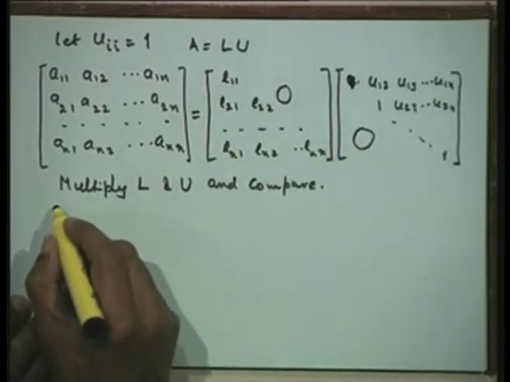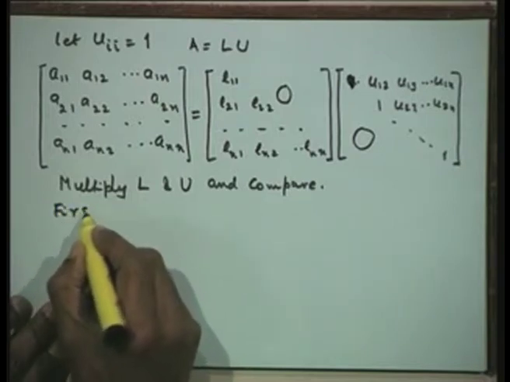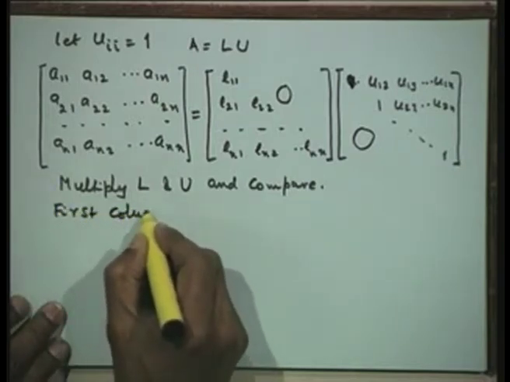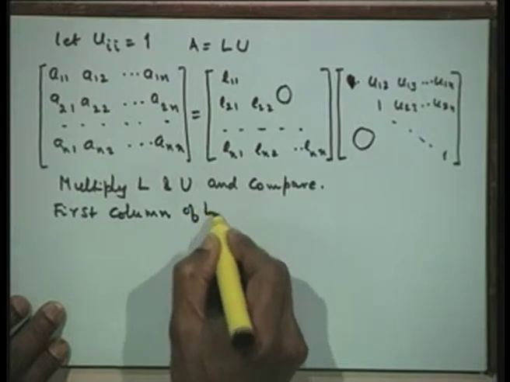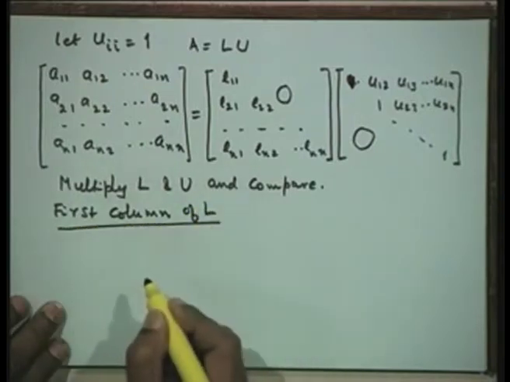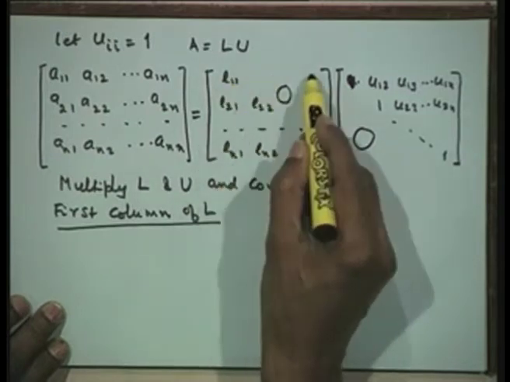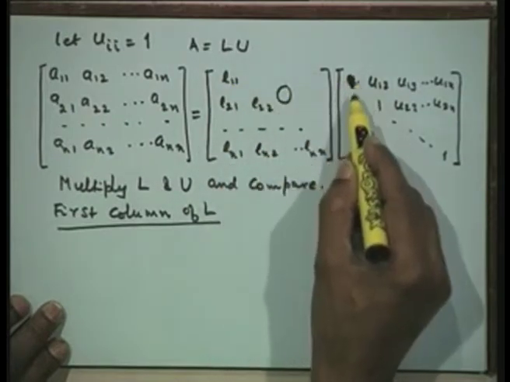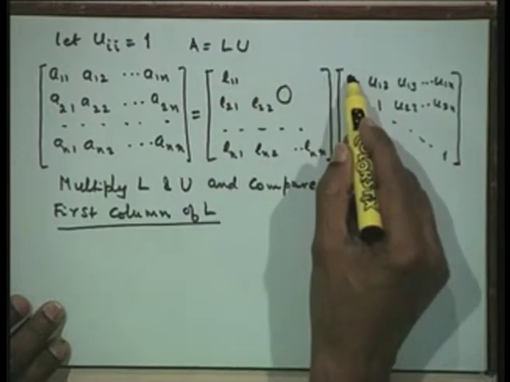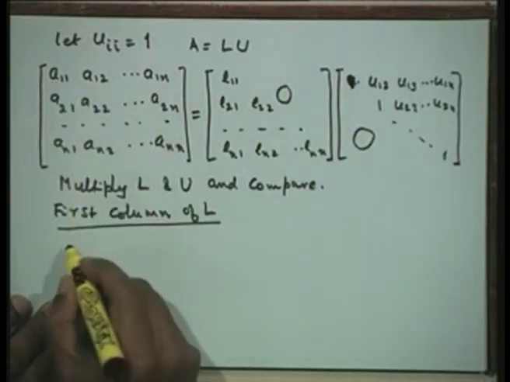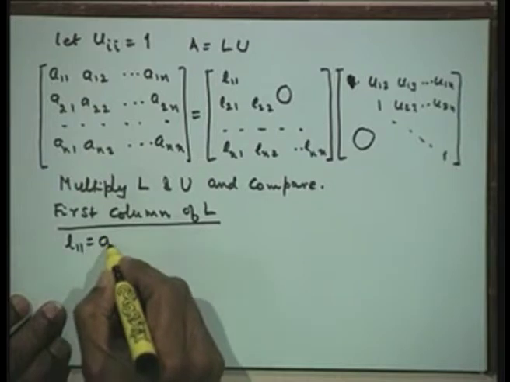We will see that we can first find all the elements in the first column of L. Now, we multiply the first row of L by the first column of U, that is simply L11. So, L11 is equal to A11.